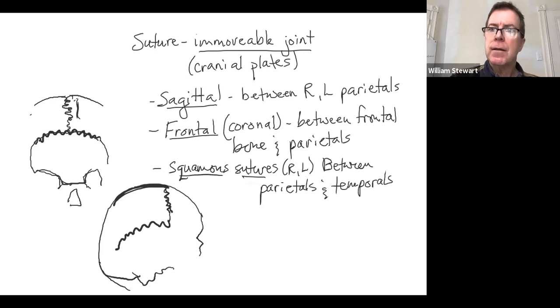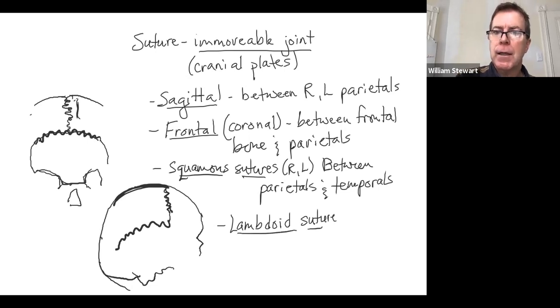And finally, there's the lambdoid suture, L-A-M-B-D-O-I-D. This one's on the back of the head, and it runs between the occipital bone here and the parietals. It actually extends. There's another suture that comes down here. We're not going to pay attention to that one.